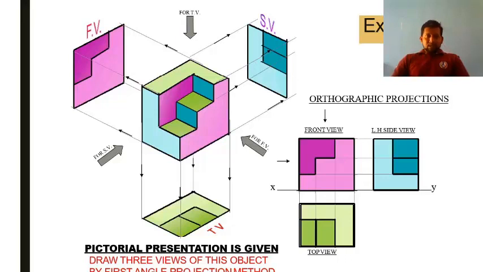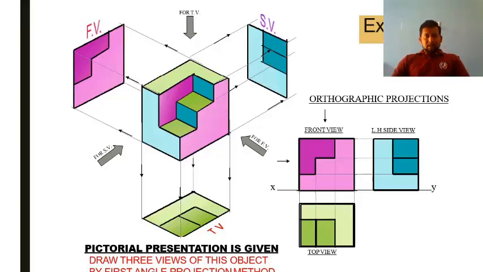So okay, here whatever is marked in the green color, that is drawn here, this particular L shape. This particular L shape is first drawn here, and after that this line becomes zero, again this line becomes zero, since it is perpendicular to the top view.